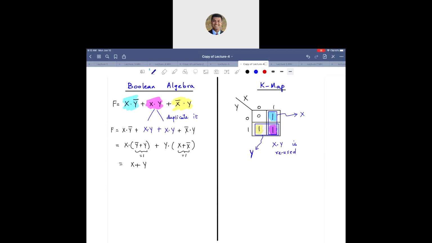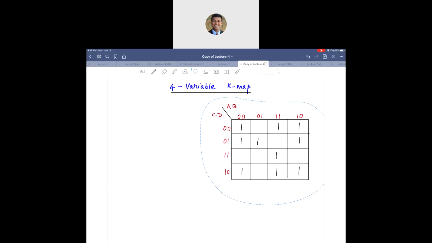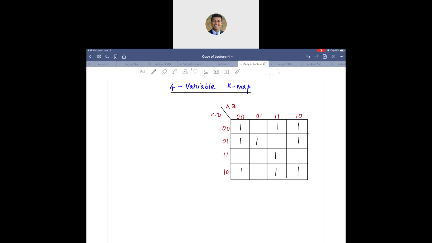All right, so let's move on here to a 4-variable K-map. Now, a 4-variable K-map will, of course, have 16 cells, and the input variables are, you know what, let's do the pattern here. So let me move this by the side for now. And what I'll do is I will say this is A, this is B, this is C, this is D. Those are my 4 inputs. And then I have my output F, for example.